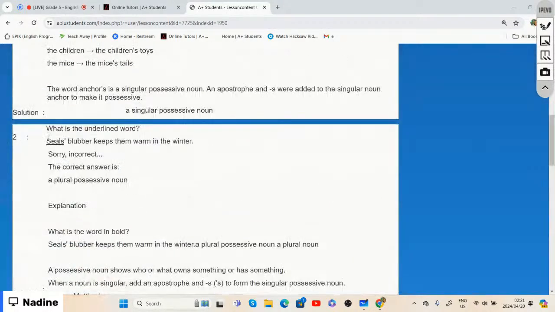All right. What is the underlined word? It says seals. Seals' blubber keeps them warm in the winter. Is that a singular possessive noun, a plural possessive noun, or is it a plural noun?